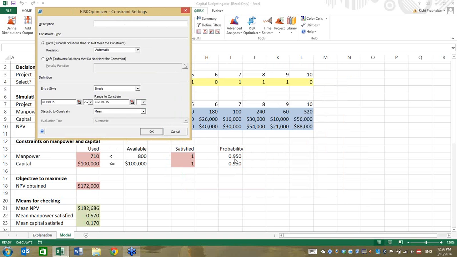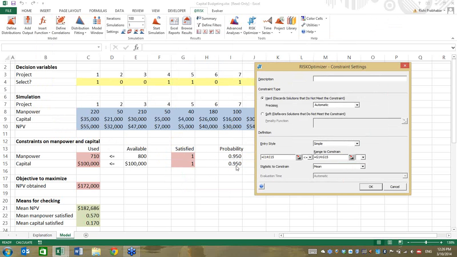In this example, it's 95%. So what we are saying, in other words, is that as long as this constraint has a less than 5% chance of, at the end of the day, getting violated, that's acceptable. So I can put a value on, if you like, the level of risk that I'm willing to take.